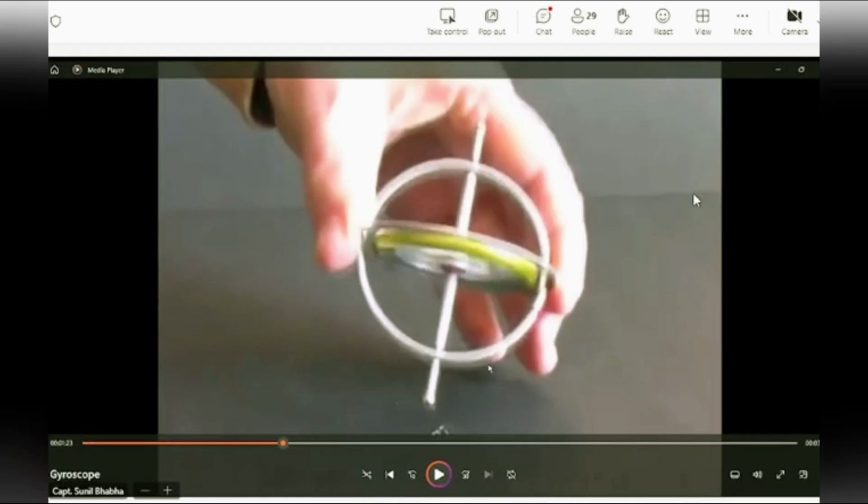I don't know whether you have seen a toy which children use. It's called fidget spinner. So have you used it anytime, beta? Yes sir. Okay, great. So if you have used the fidget spinner, you will know that as soon as you spin it, it becomes a little heavy.